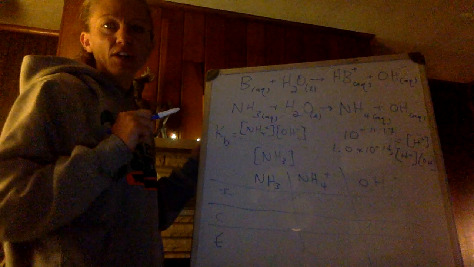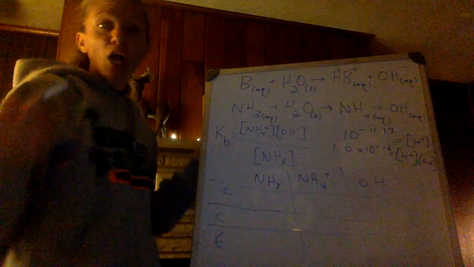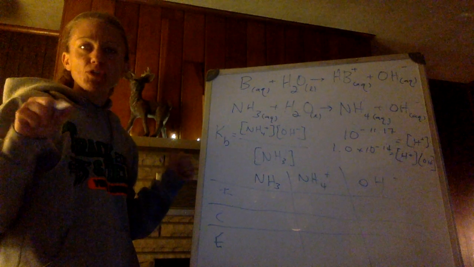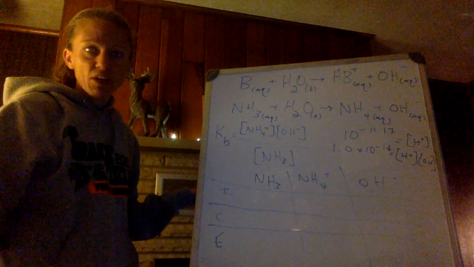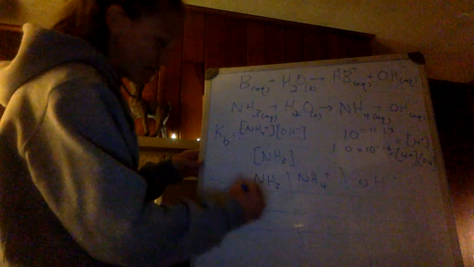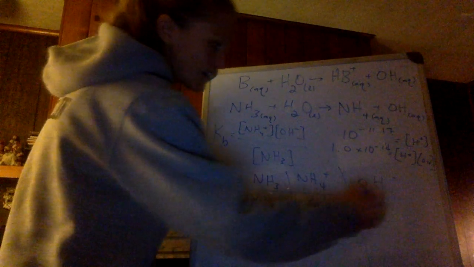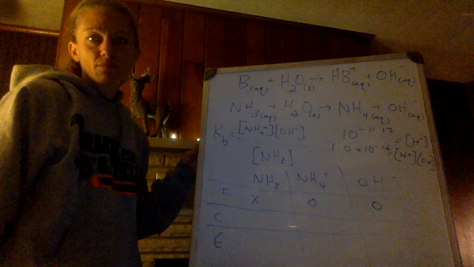From my concentration of OH, realize that this is after I've reached equilibrium. So I have a solution of NH3. I don't know what concentration I started with. But I do know that before I threw it in this water, it hadn't ionized, not at all.